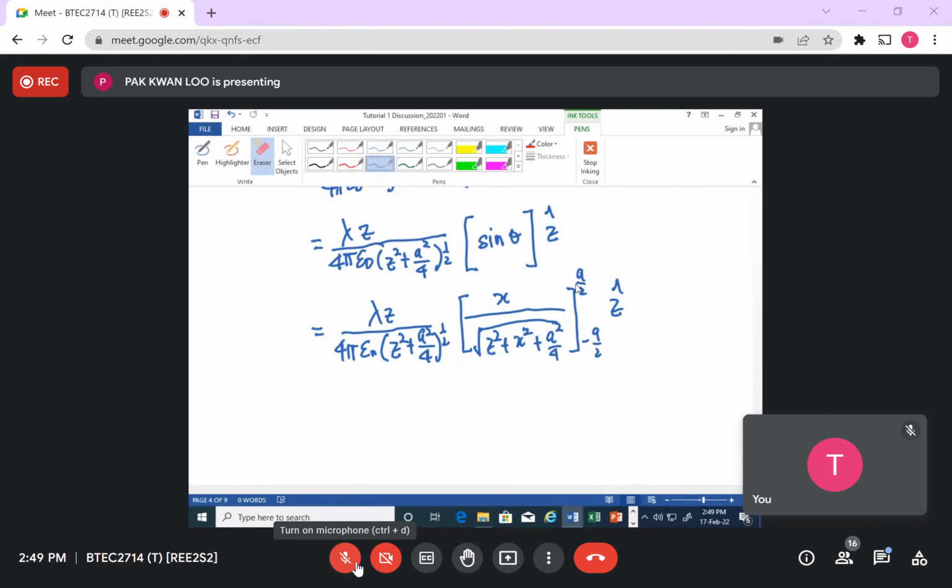Okay. So after substitution of the integration limit for x, it is therefore lambda z times a over square root of z squared plus a squared over 4.